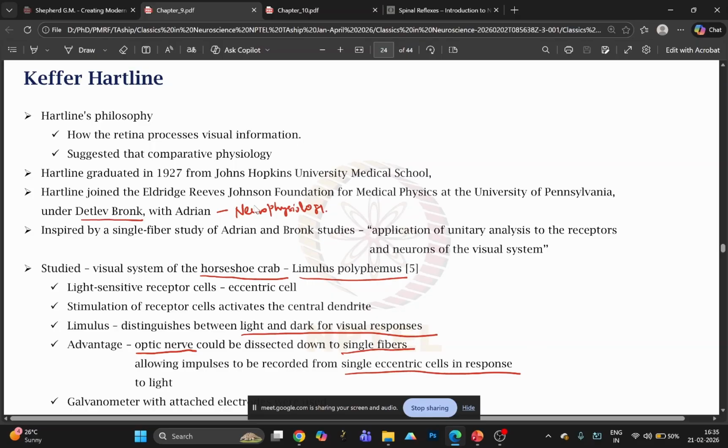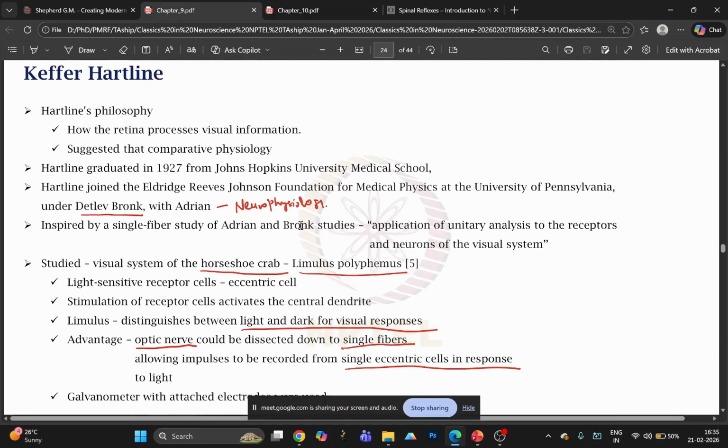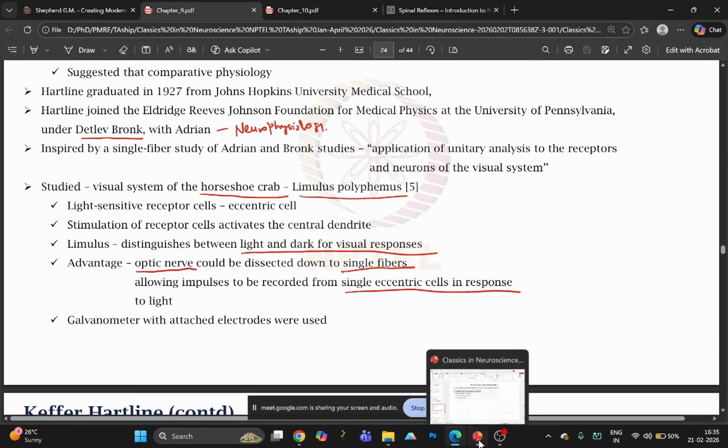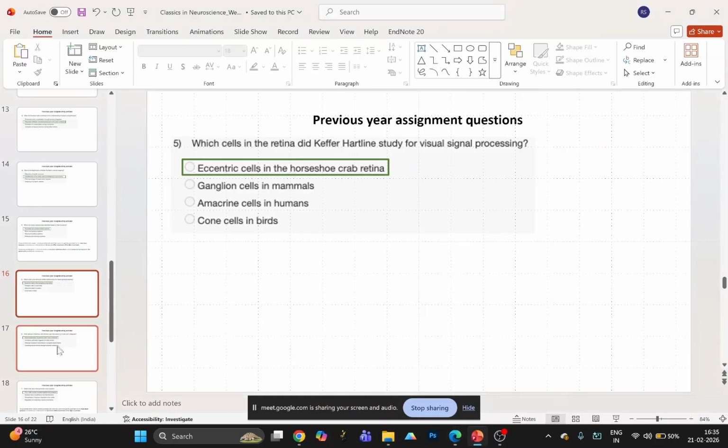So you can study the visual system using different types of organisms, compare the information, and then extrapolate that to what actually happens in mammals and humans and so on. So the eccentric cells of the retina is what Keffer Hartline used, and those were from the horseshoe crab retina.